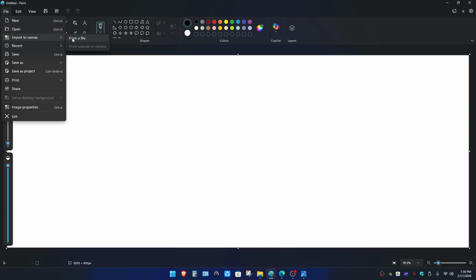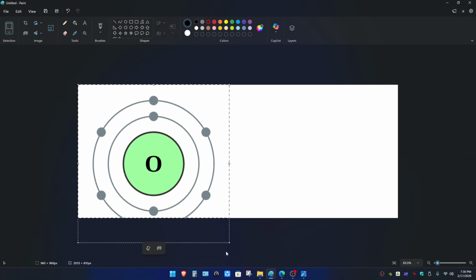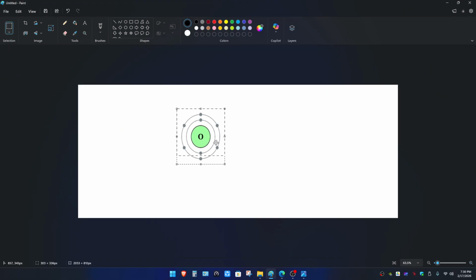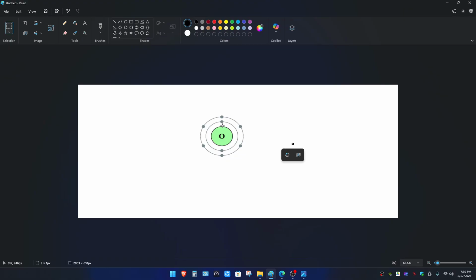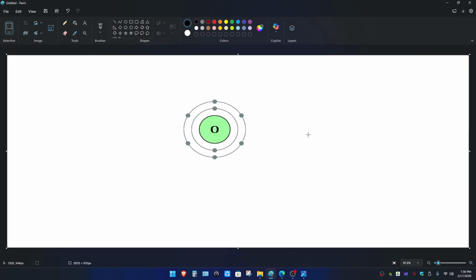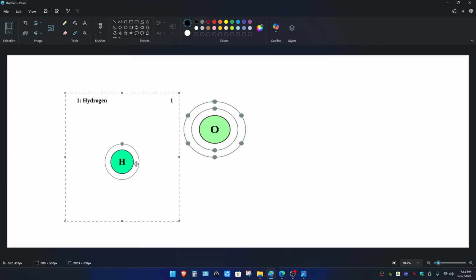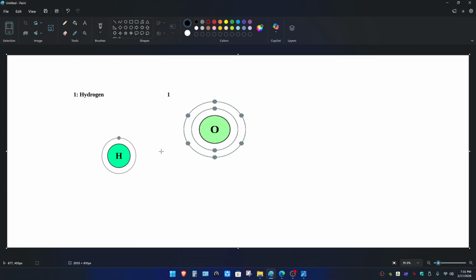Import to canvas from, okay. So here is the thing, the reason the hydrogen atom gets attached, Control C, Control V. Why is it not rotating?